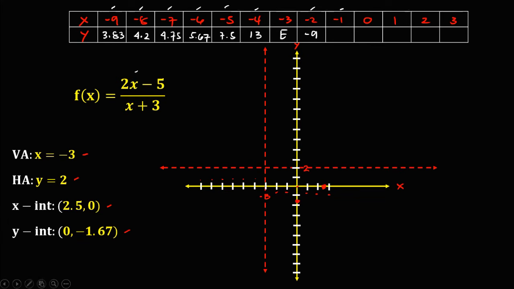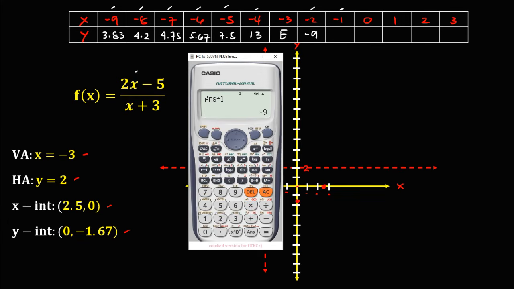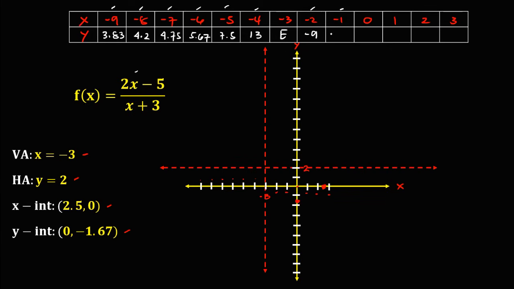Then for x equals negative 1, 2 times negative 1 equals, then minus 5 equals, then divide. So we have negative 1 plus 3, that's positive 2. So divide by positive 2, that's negative 3.5.